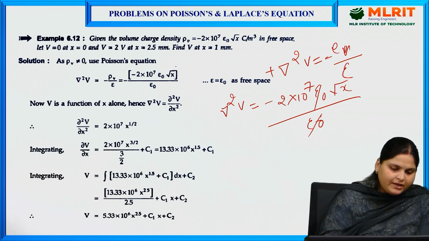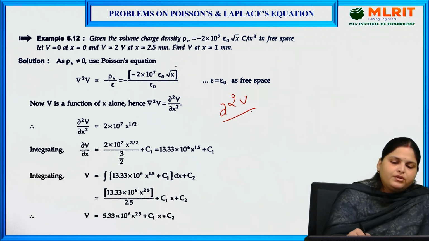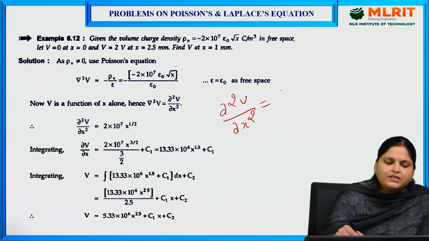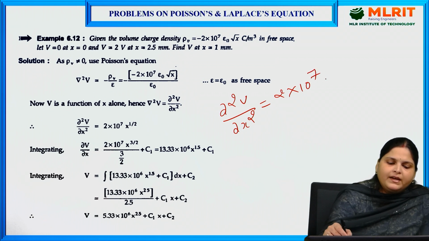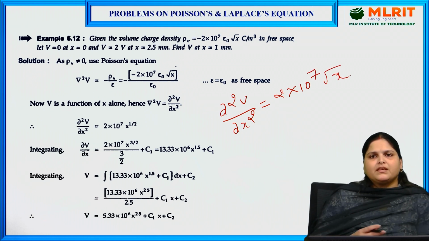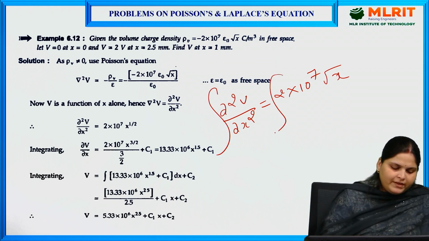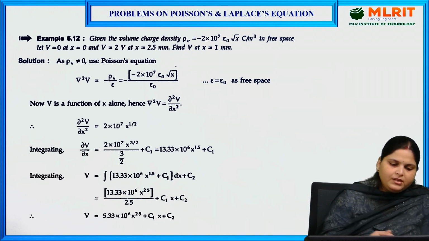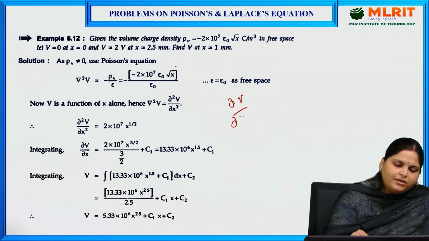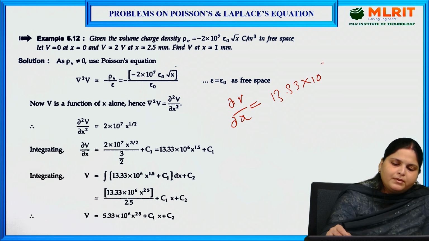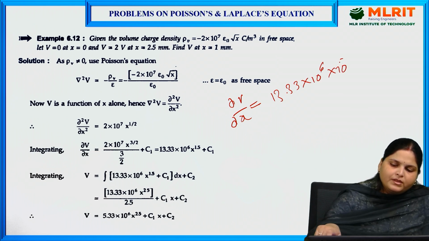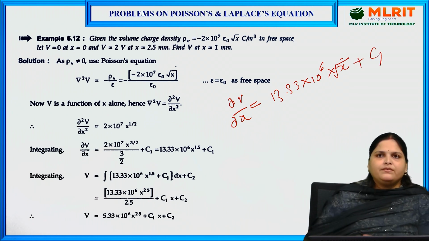So directly we can write this formula as dou square V by dou x square, and what is left is 2 into 10 to the power 7 and under root x, meaning x to the power 1 by 2. Now we need to integrate it 2 times. So on first integration, we get dou V by dou x is equal to 13.33 into 10 to the power 6 into x under root x plus c1.